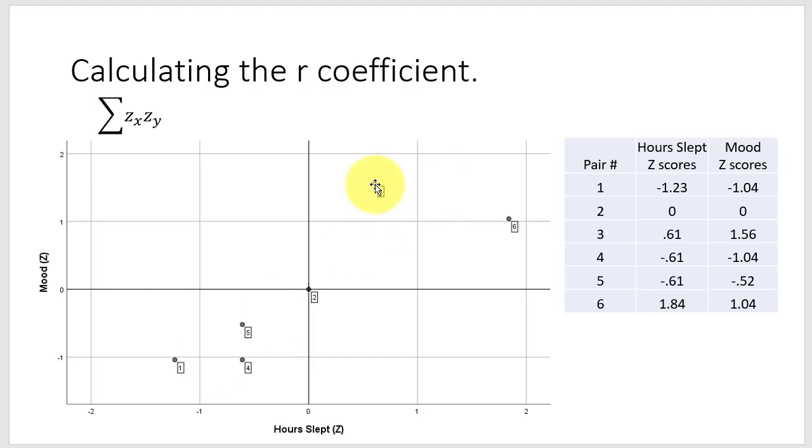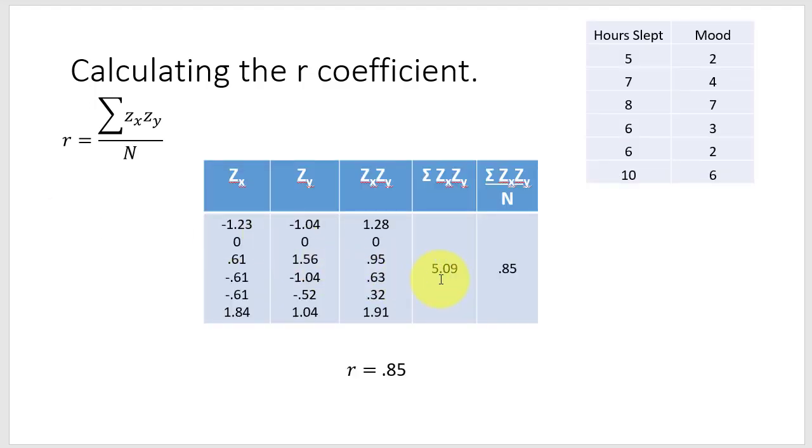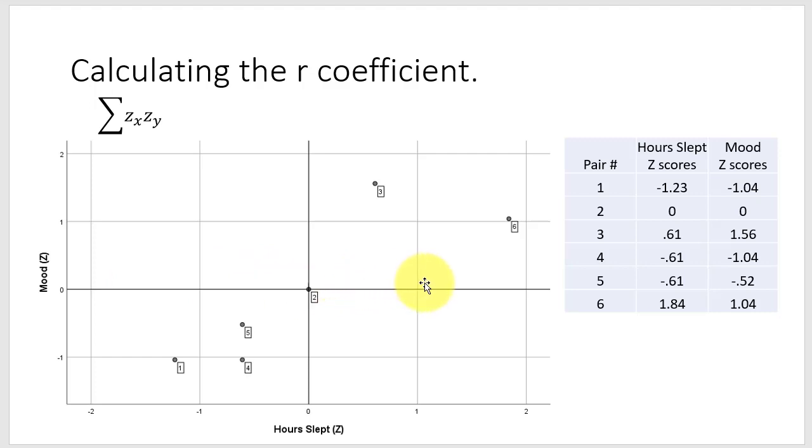So if I took the distance from the z-score of 0 on the y-axis and on the x-axis for each pair, and I added those all together, I would get my value, which was 5.09. And then, if I divide it by the number of pairs, I get the average distance in terms of the r coefficient.